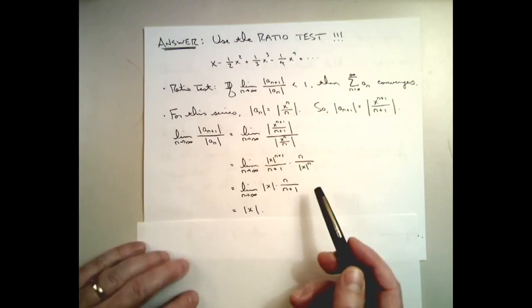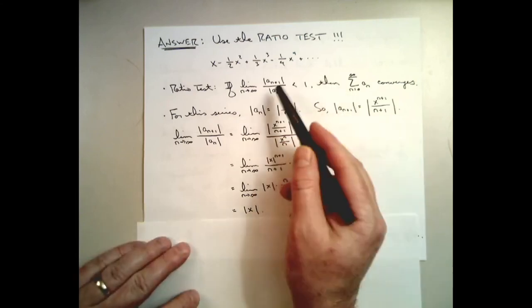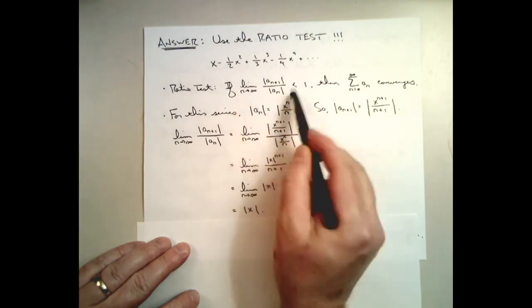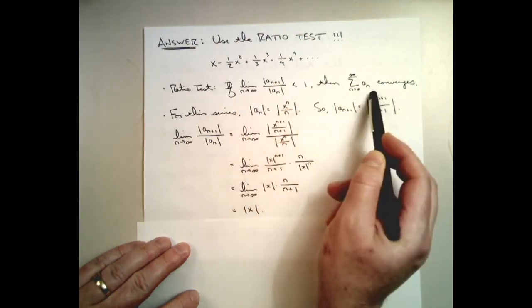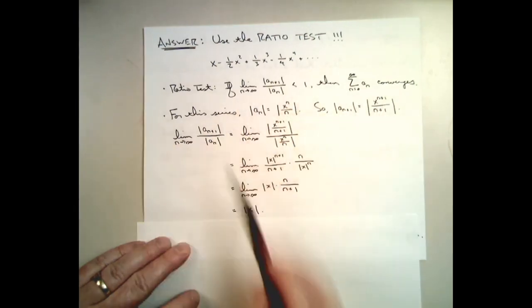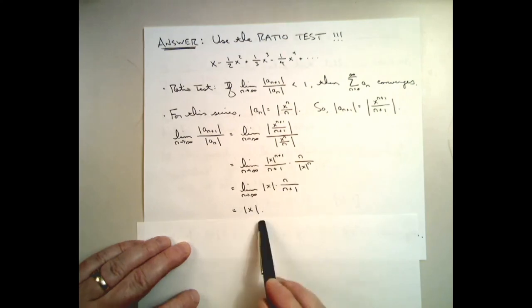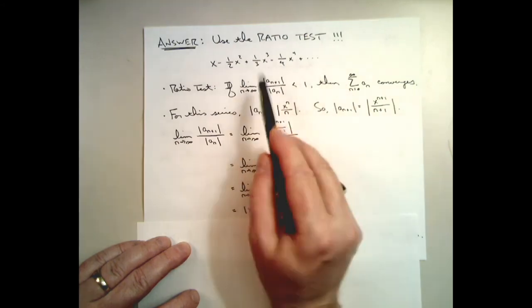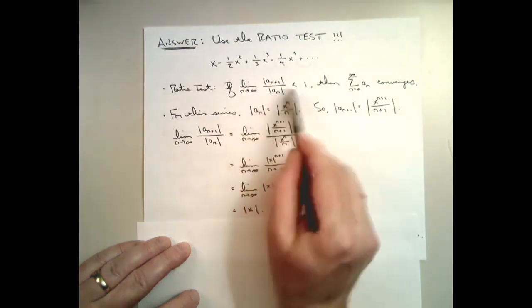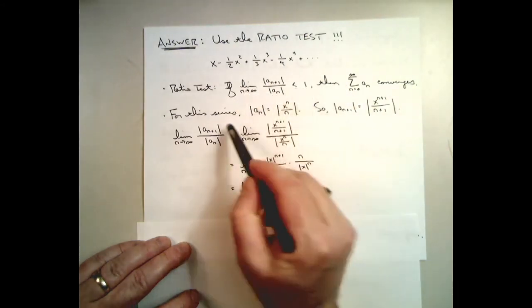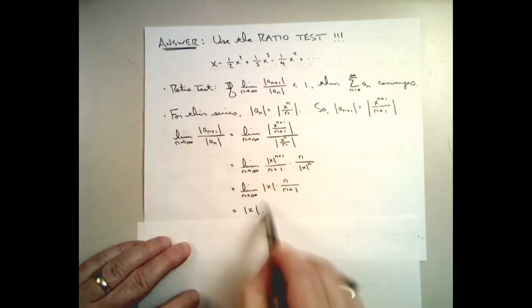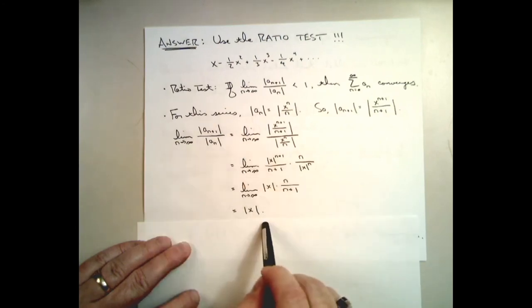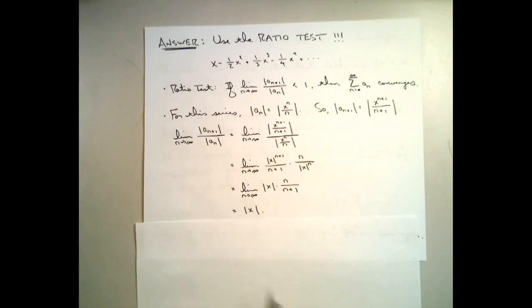So let's look at this again. The ratio test is telling us that if this limit is less than 1, then the series converges. This limit is equal to the absolute value of x. And so instead of saying, well, this limit is less than 1, what I can say is, this limit is equal to this, I can say that if this is less than 1, then the series converges.